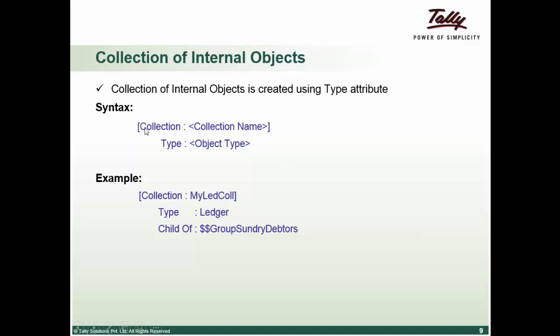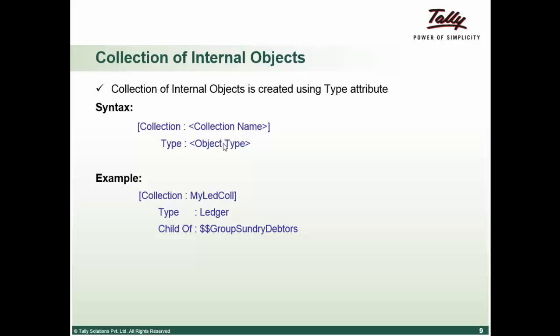Collection definition with the collection name, type is the attribute, colon, here the object type. Here the type attribute accepts an object type. In the previous session on variable, when we made use of the type attribute, we wrote data type, right?